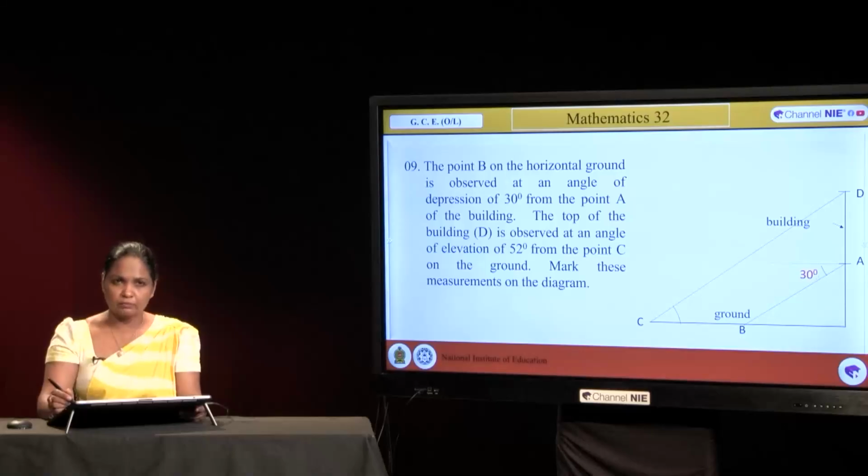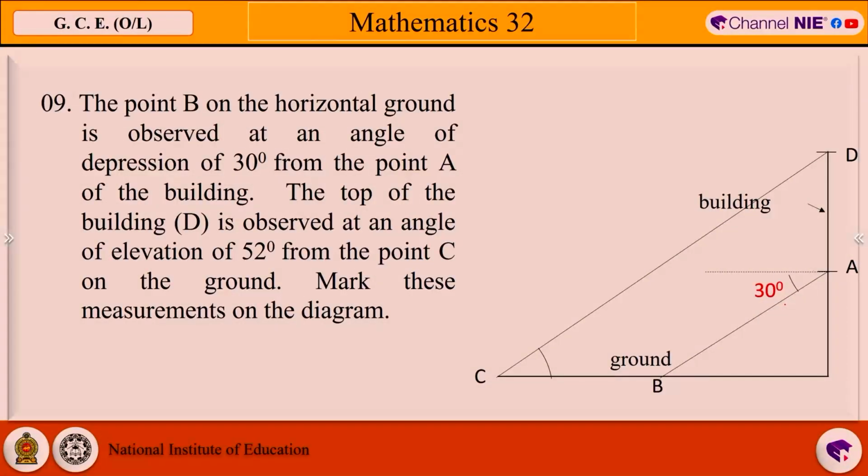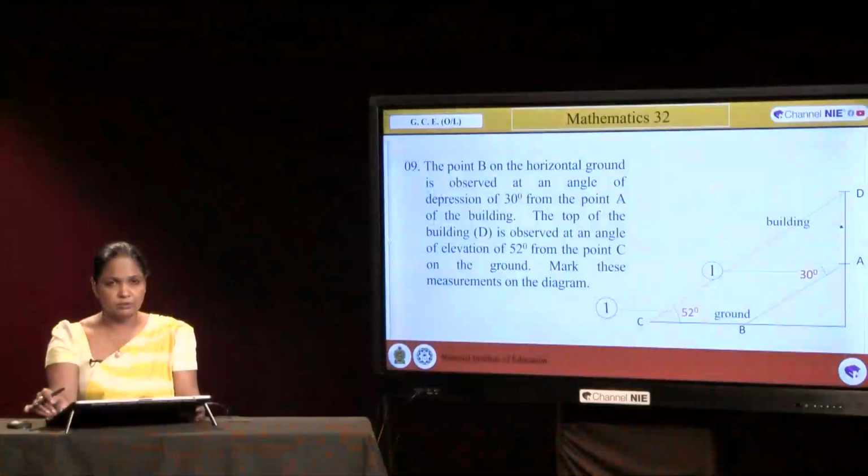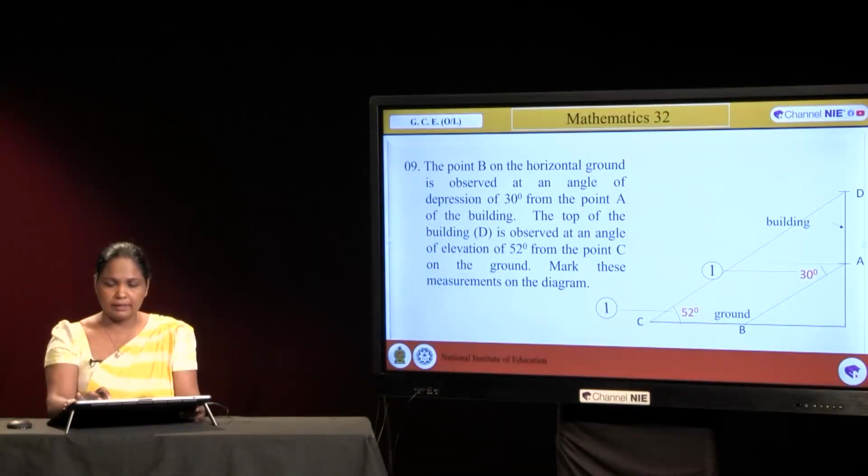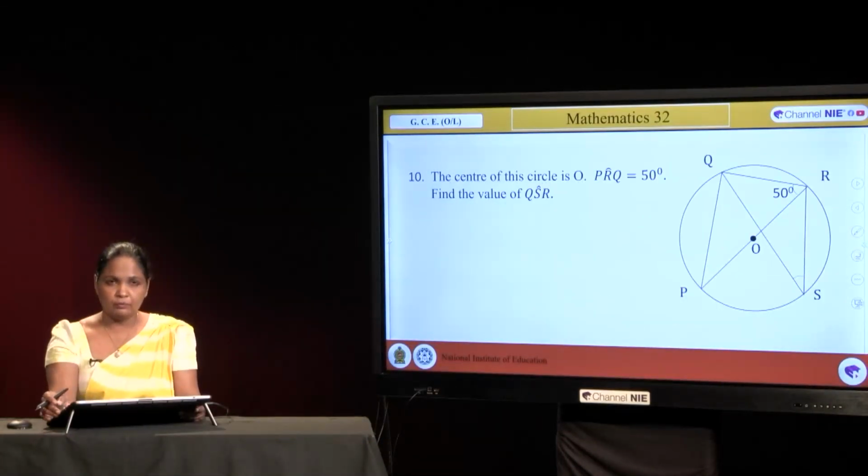So, here you have to mark 30 degrees as the angle of depression. Then you have to mark angle of elevation. For the angle of depression, you will get 1 mark if you have marked it correctly. Then for the angle of elevation, again you get another 1 mark. So, again for the 9th question, you will get 2 marks.